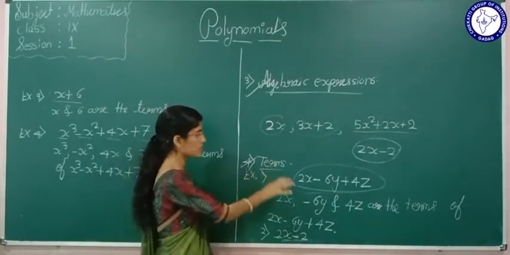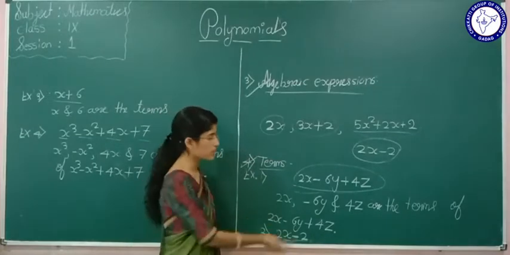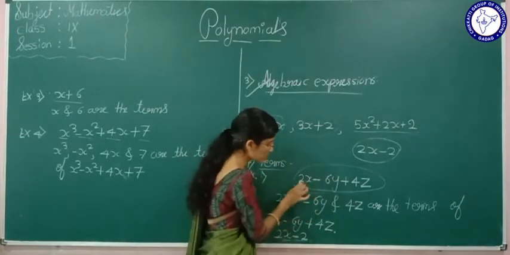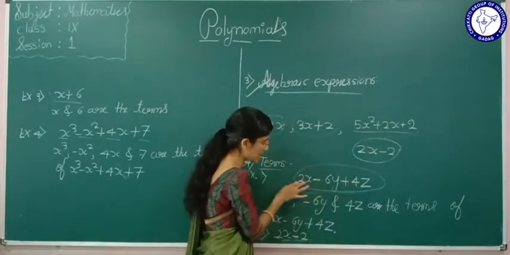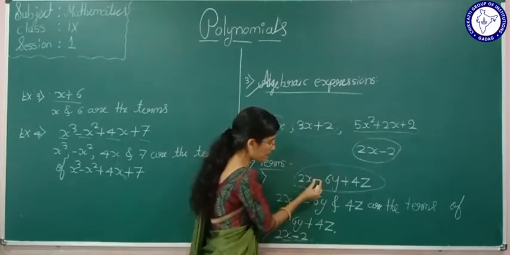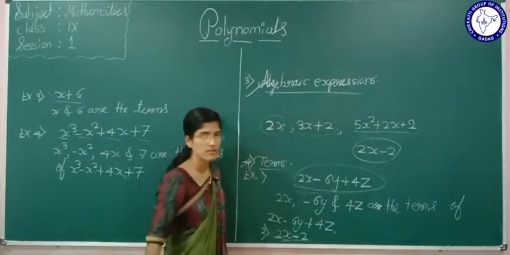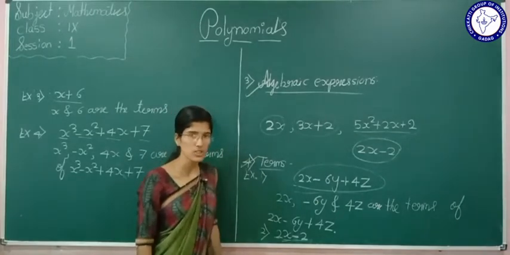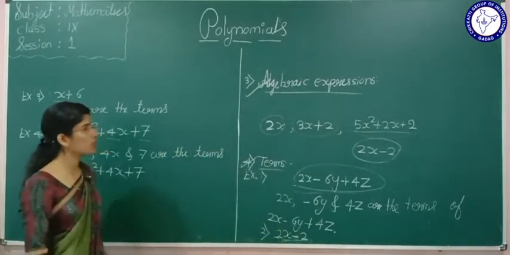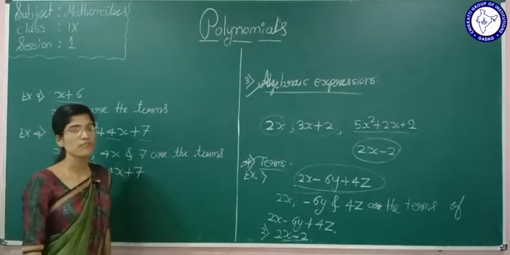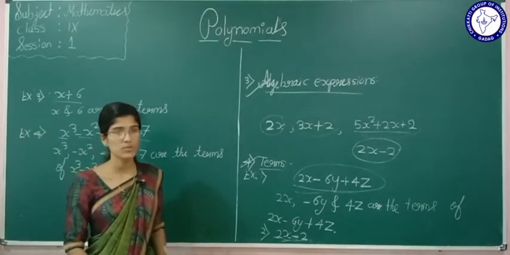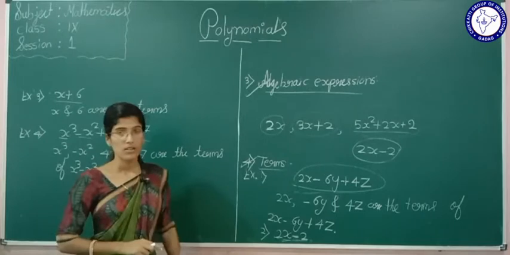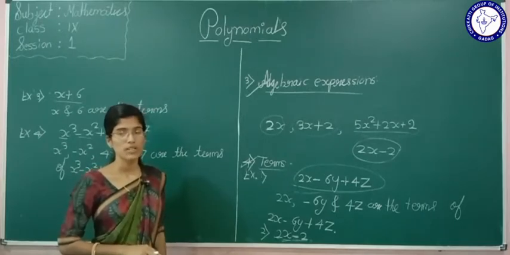Then what are the terms of the algebraic expression? The several parts of an algebraic expression connected with a plus or minus sign are nothing but the terms of the algebraic expression. So when you know what an algebraic expression is and what its terms are, we will come to our concept, that is polynomials.